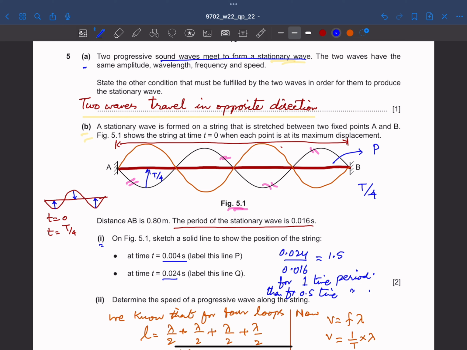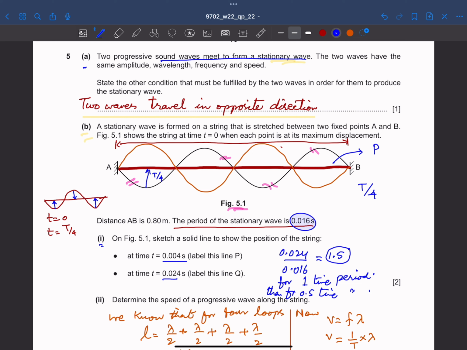You have to be careful with this situation at 0.004 second. If the time period is 0.016 second, what fraction of the period has passed? So T over 4 has passed.